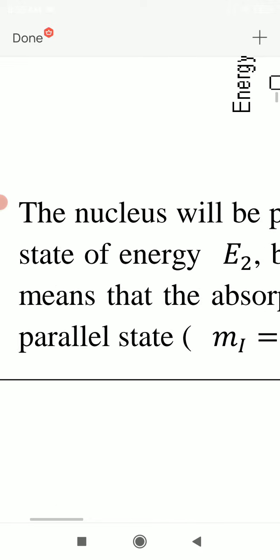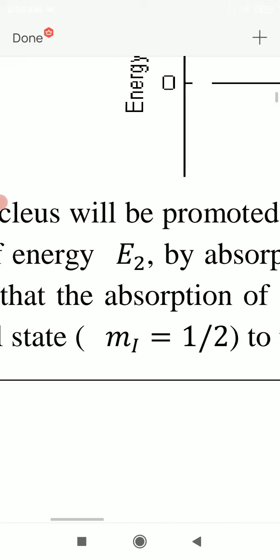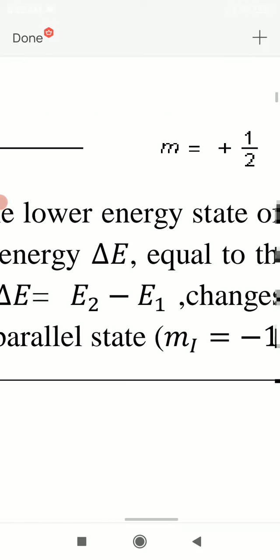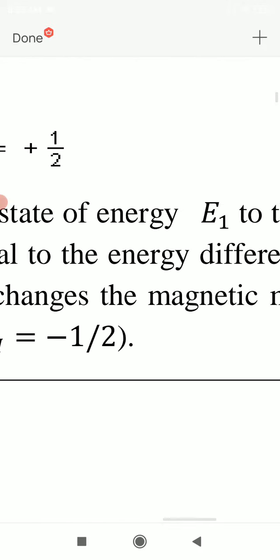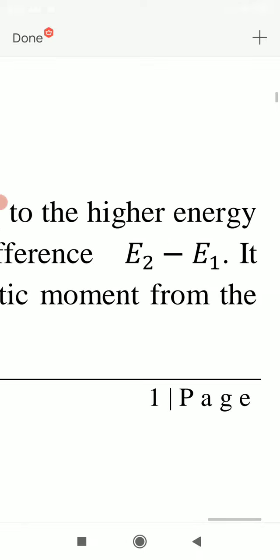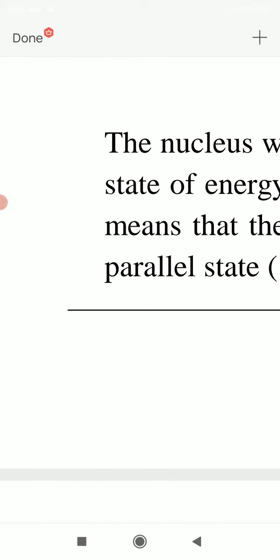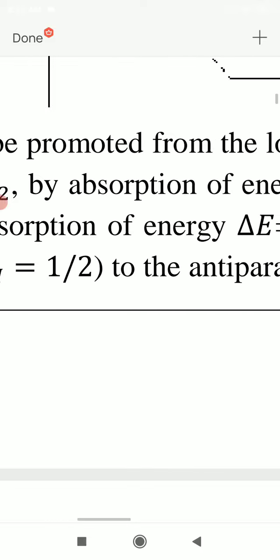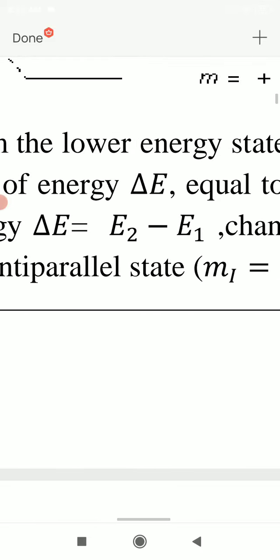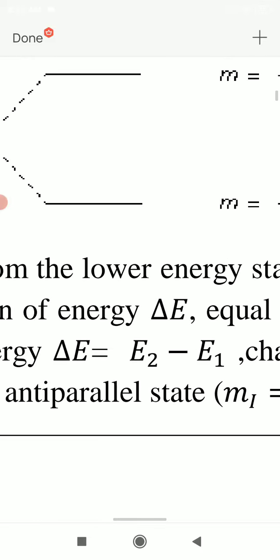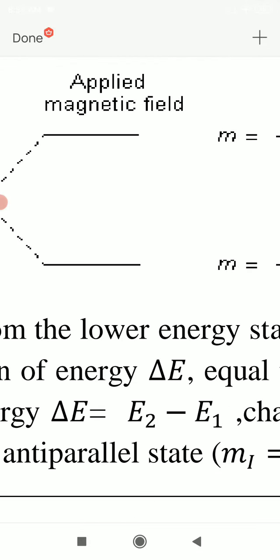Now the nucleus will be promoted from the lower energy state of energy E1 to the higher energy state of energy E2 by absorption of energy delta E. If nucleus absorbs energy delta E, it can go from lower energy level of energy E1 to higher energy level of energy E2.